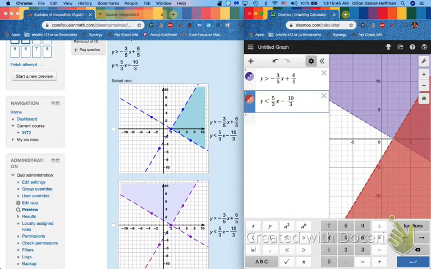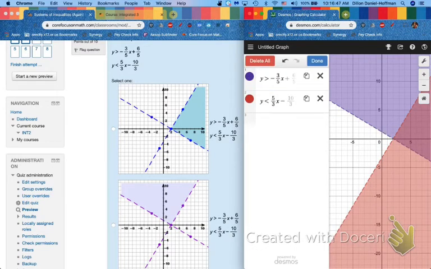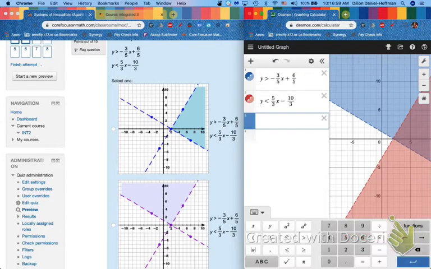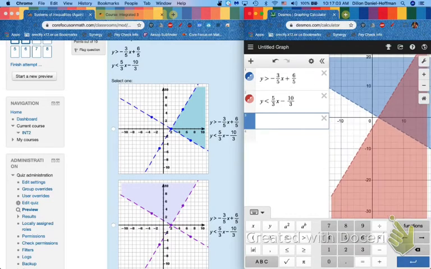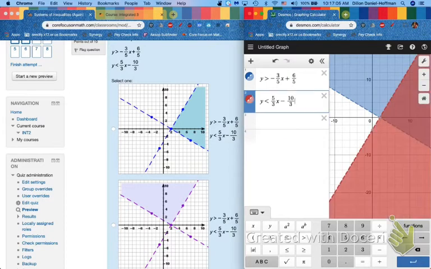Hit that. And then you can hit the color of each of these equations, change one of them to blue and one of them to red, so that when you hit done and you click back, it will be very, very easy to see where your lines cross.